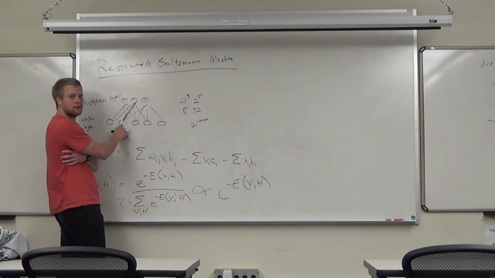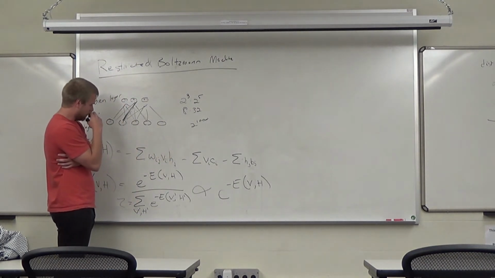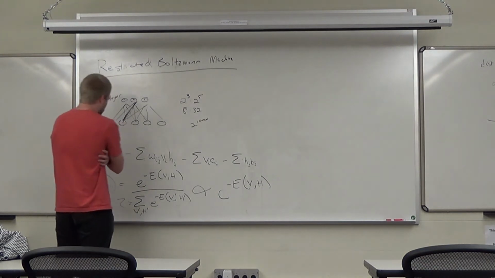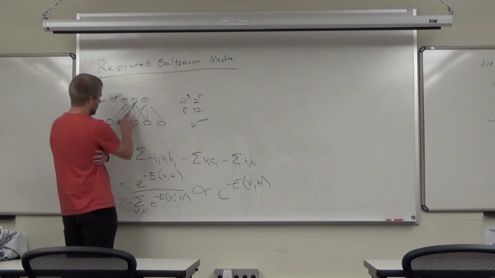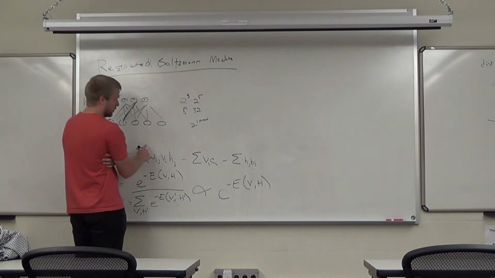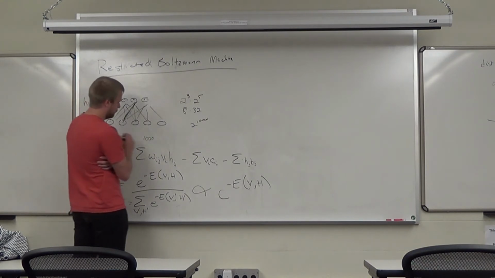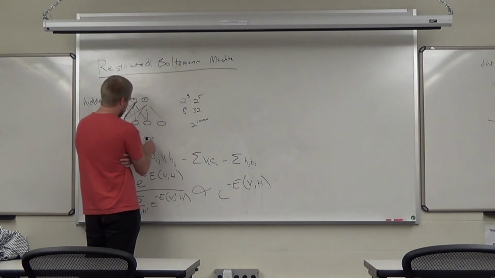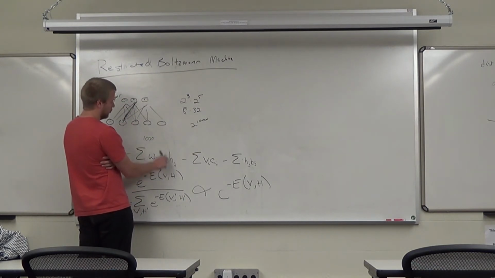Does that make sense? Because the weights are representing the connection between the 2 nodes. So let's isolate a single connection, and let's say it's very large, like 1,000. Let's say that these are both 1.